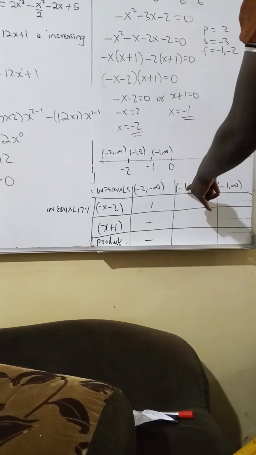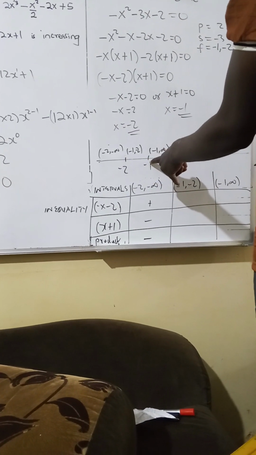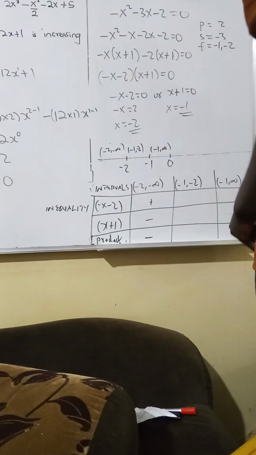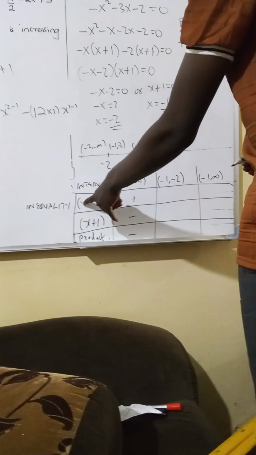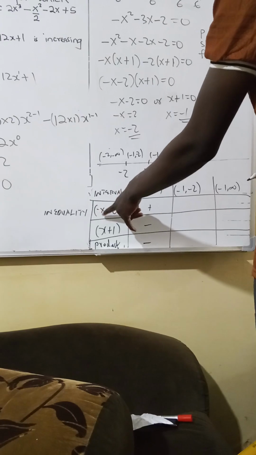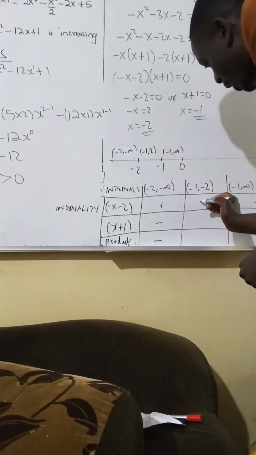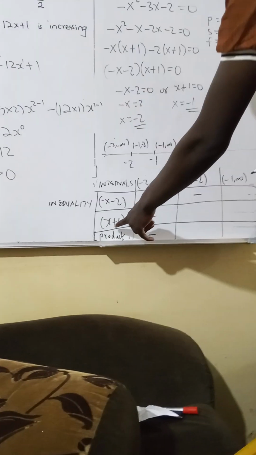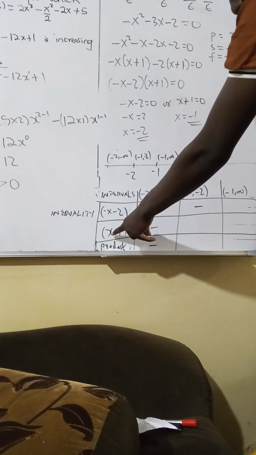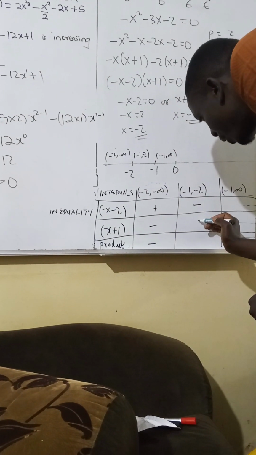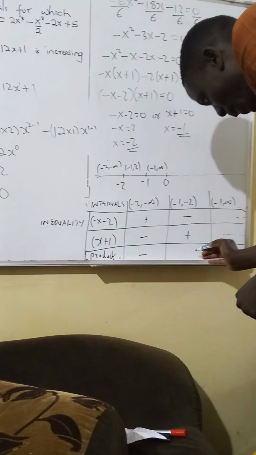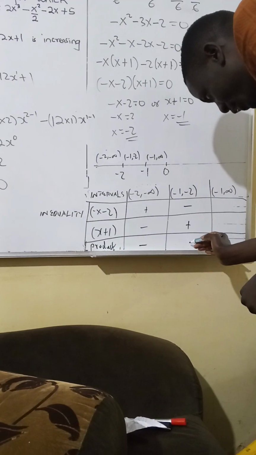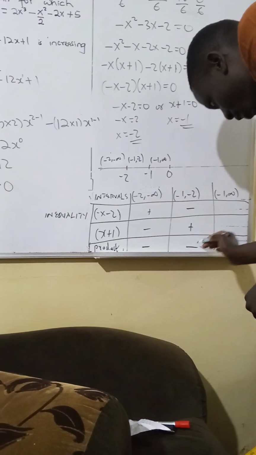If I pick between -1 and 2, I can pick -0.5. I put -0.5 there, I'm going to have a negative value. If I pick 0.5 there, I'm going to have a positive value. Negative times positive, I'm going to get a negative value.